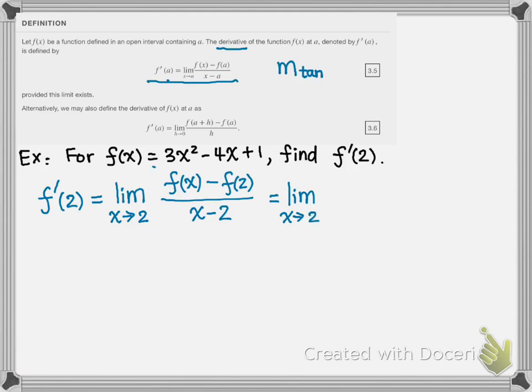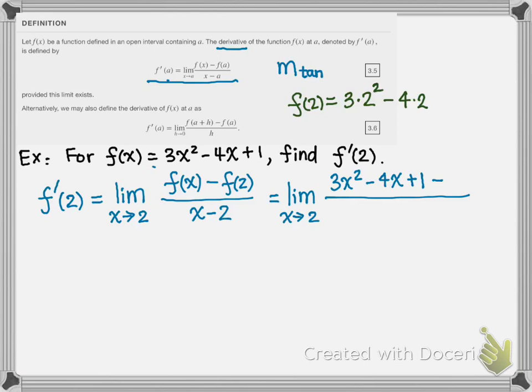So limit as x approaches 2, f of x is 3x squared minus 4x plus 1 minus, so what is f of 2? f of 2 equals 3 times 2 squared, which is 3 times 4, right? 12 minus 4 times 2, which is 12 minus 8, 4, then plus 1 equals 5. So f of 2 equals 5. And you continue with the rest of the limit.